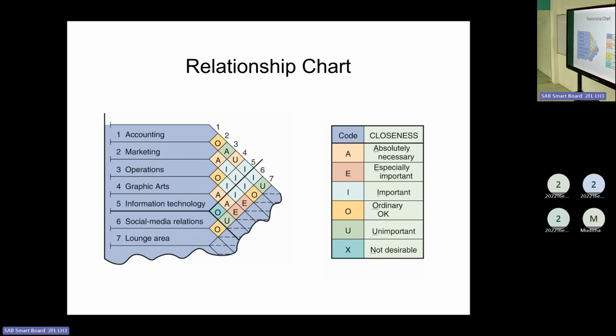How can we use such information in designing layouts? Say for example, you are given this exercise, write it down somewhere.